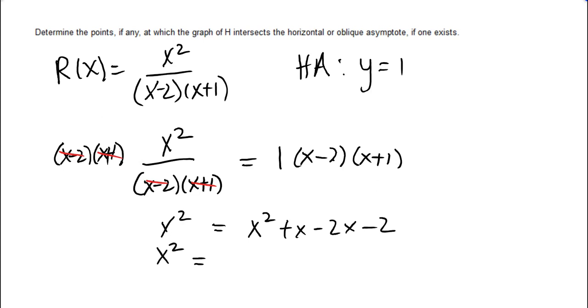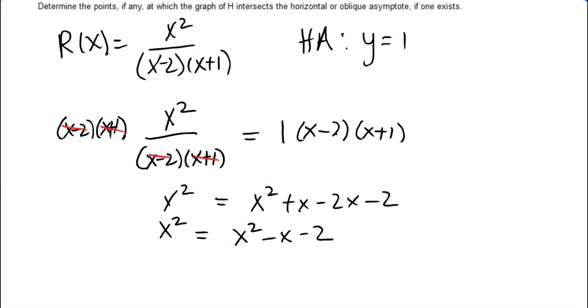That's x squared equals x squared minus x minus 2. I can solve this equation by subtracting x squared on both sides. That gives me 0 equals negative x minus 2, and I can add x on both sides, and that gives me x equals negative 2.